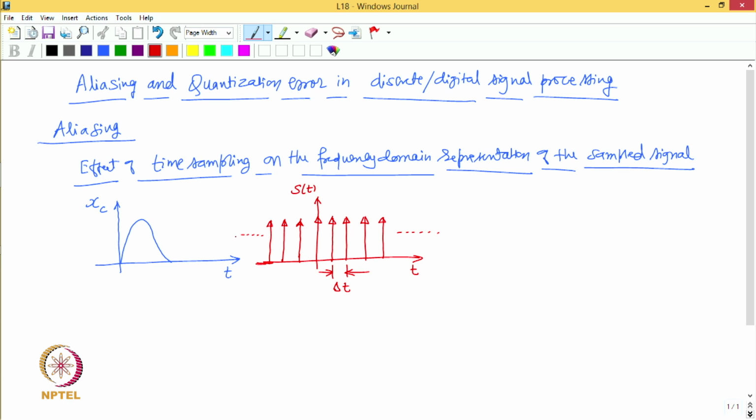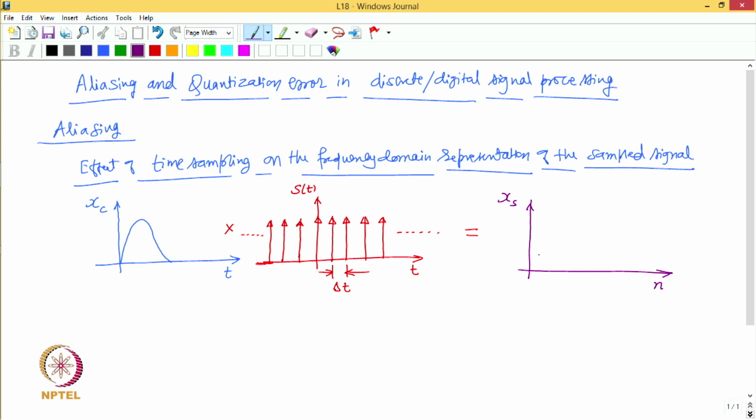So, therefore, if this xc, the continuous signal to be measured, is multiplied by s of t, then we get a signal. Let us show the signal that we obtain after multiplication. That signal we are going to represent by xs, where subscript s represents the sampled nature of the signal.